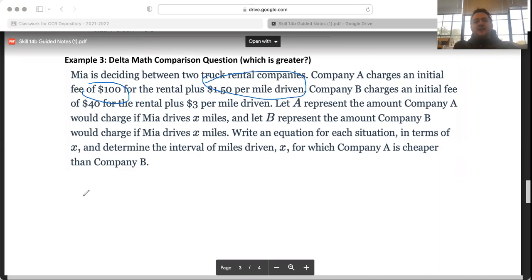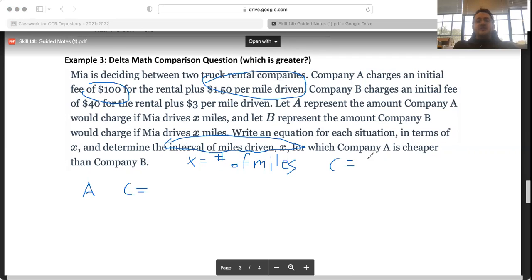So if I'm looking at A, I would write this equation as cost equals, and we'll call X the number of miles driven, as evident by what it says here in this situation.